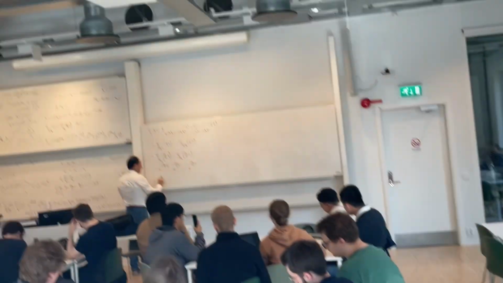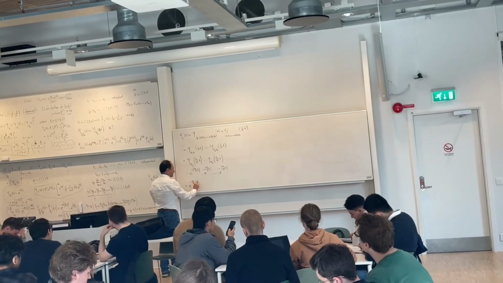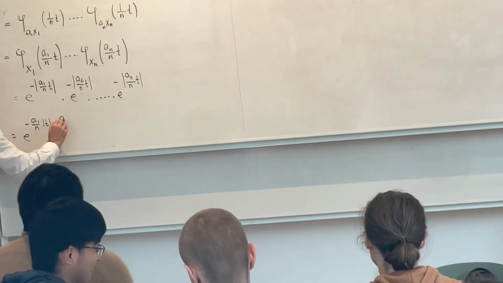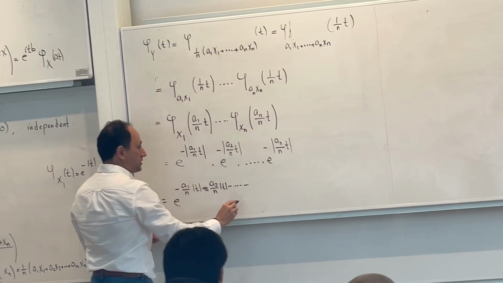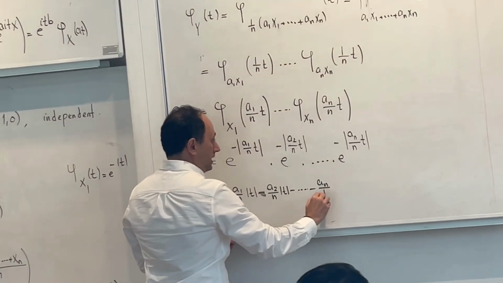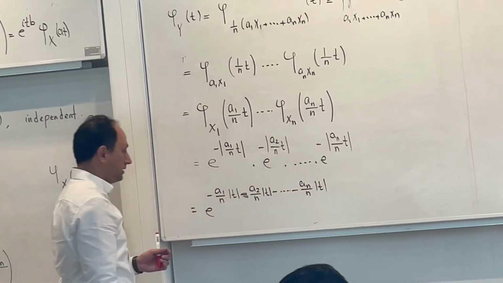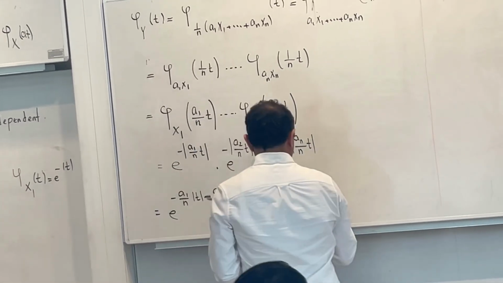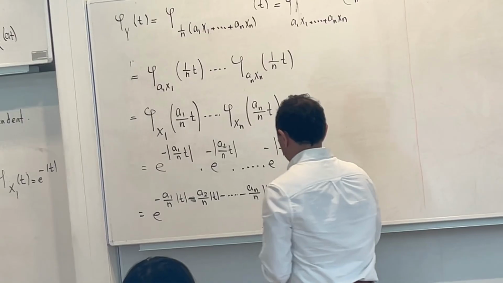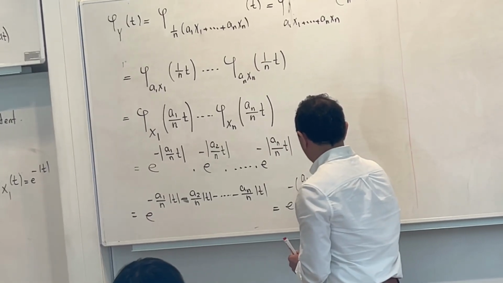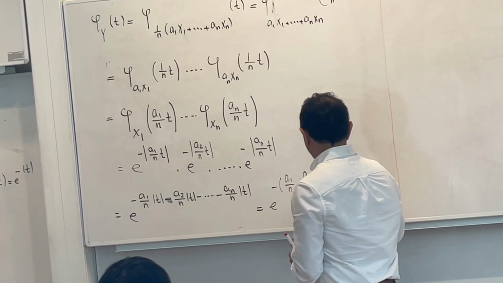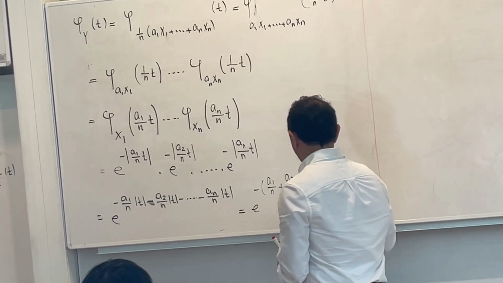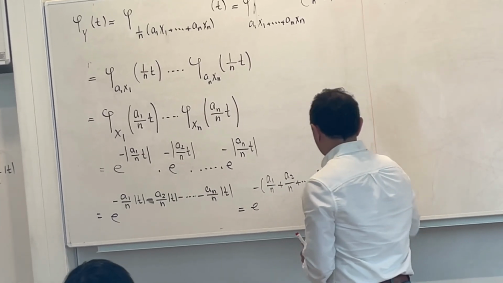So it becomes minus a1 over n absolute value of t minus a2 over n absolute value of t minus up to minus an over n absolute value of t. But then I can factor minus absolute value t out. So it becomes a1 over n plus a2 over n plus up to an over n, times absolute value of t.